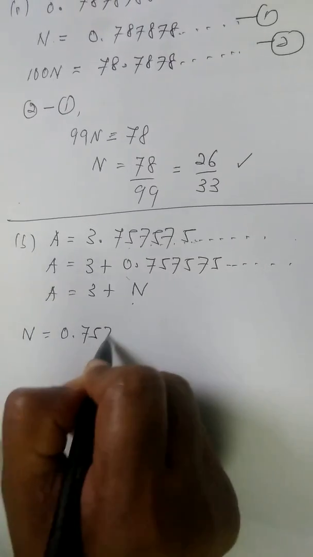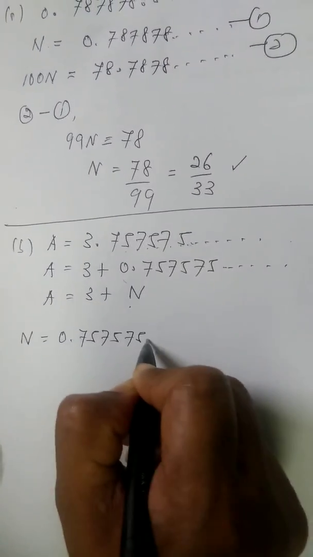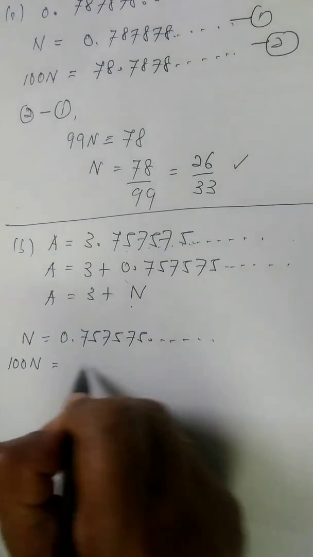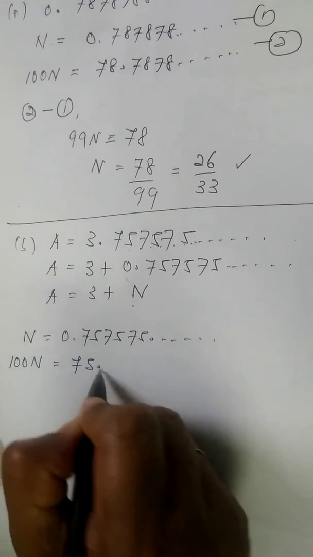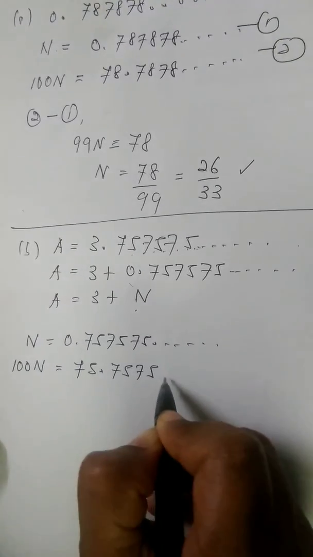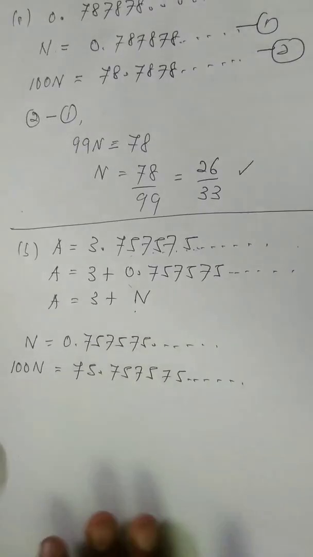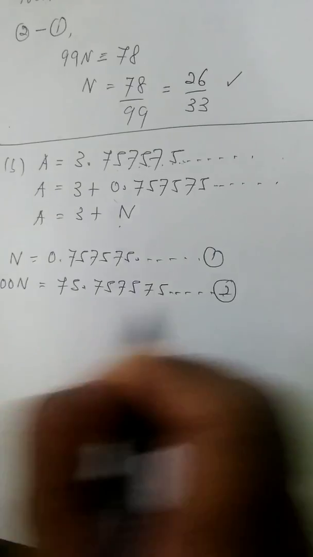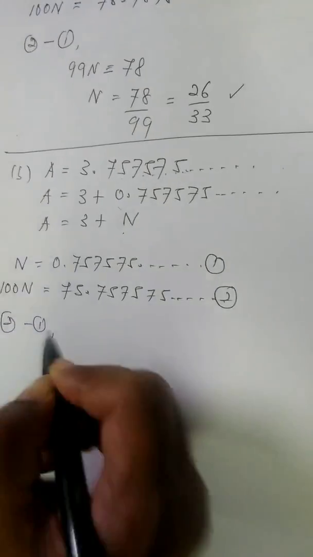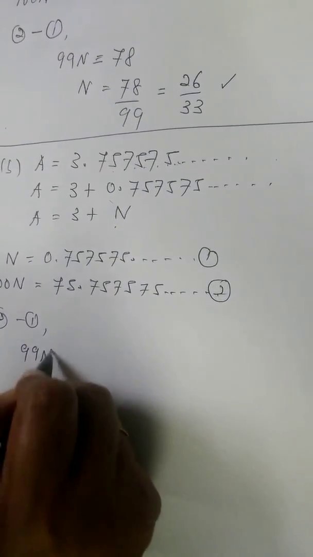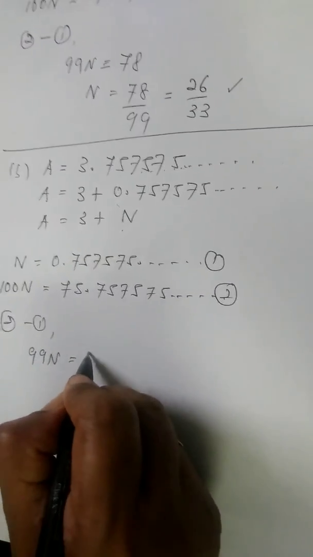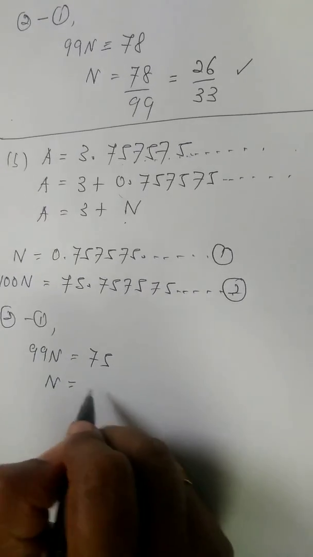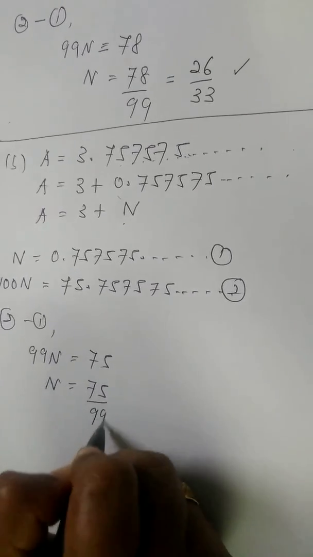So n is 0.757575 and so on. I multiply this by 100 and I get 75.7575 and so on. Same thing: this is equation 1, this is equation 2. So it's 2 minus 1. I'll get 99n equals 75, so n becomes 75 over 99.